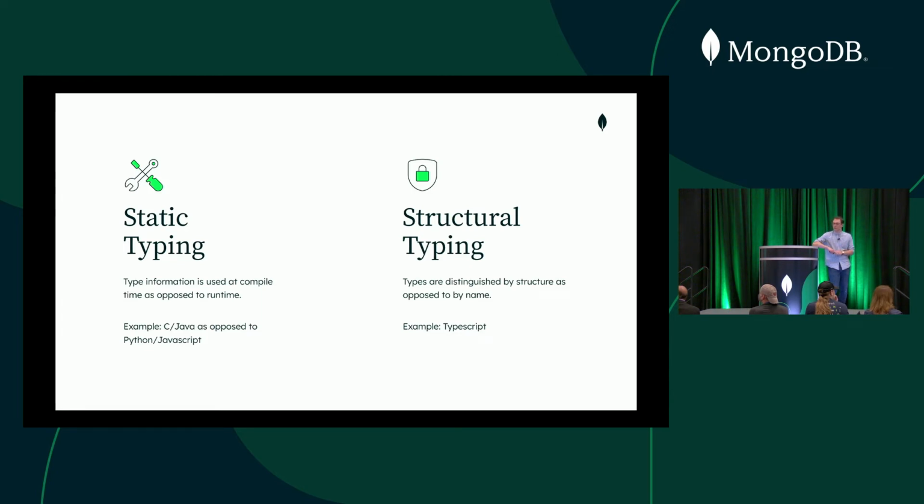Talking about query languages, most SQL dialects do not have a structural type system because despite being statically typed, a lot of them don't even have a concept of structured data. MongoDB aggregation isn't really structurally typed because it is not even statically typed. Atlas SQL has a static structural type system. In the next few slides, I'm going to talk about what this actually means in practice and hopefully explain why I think this is such a powerful combination.